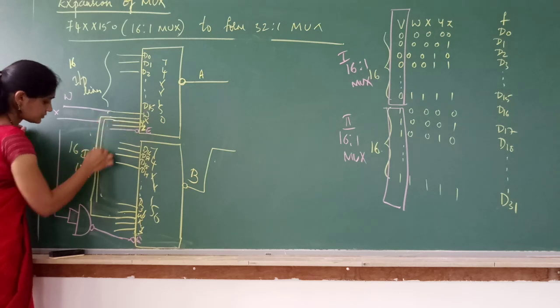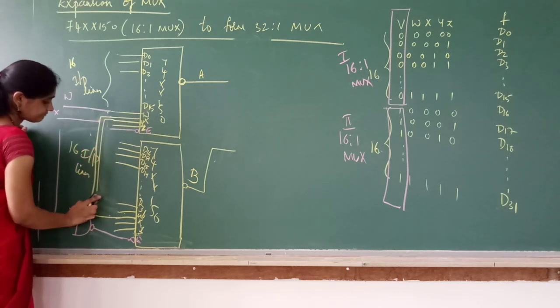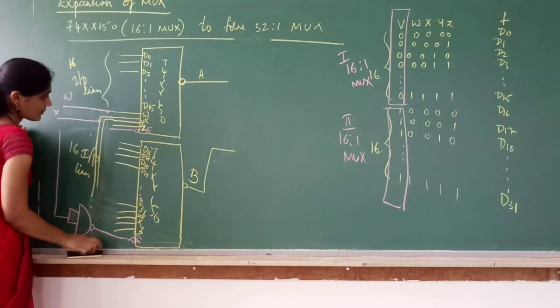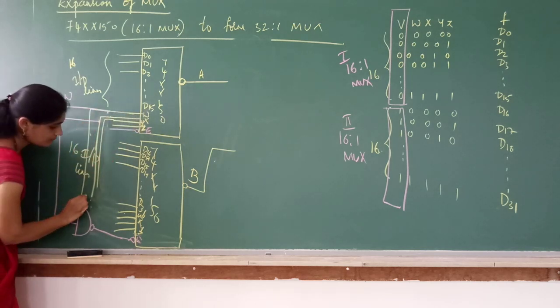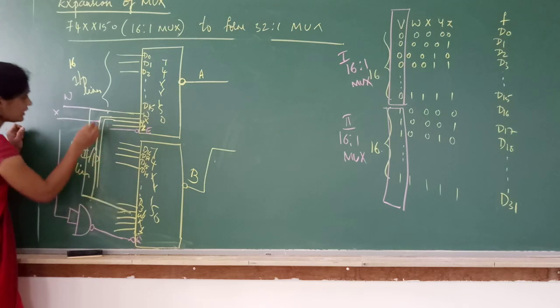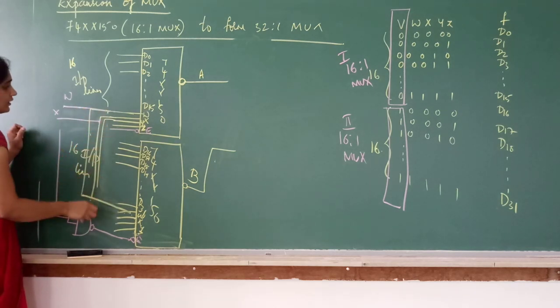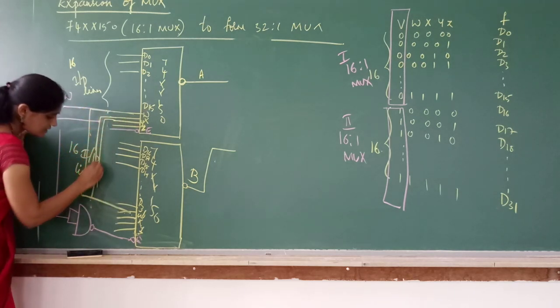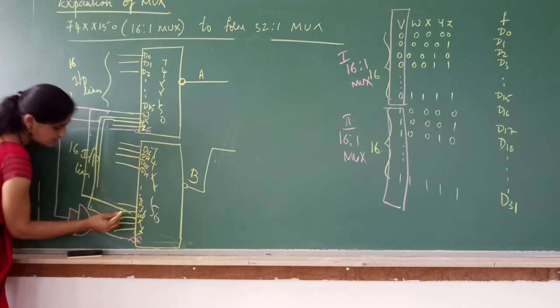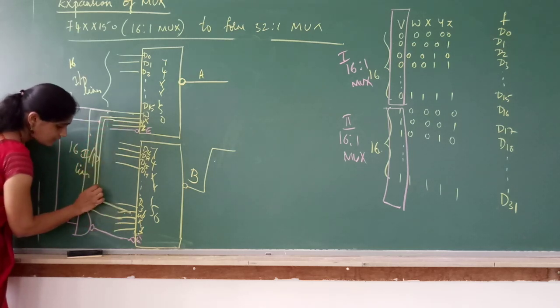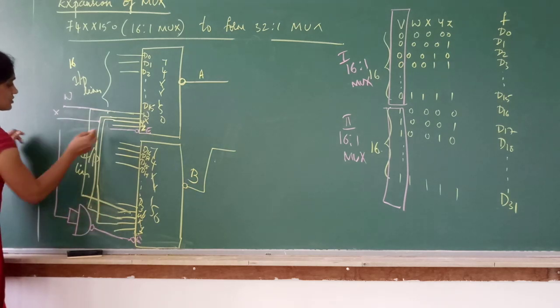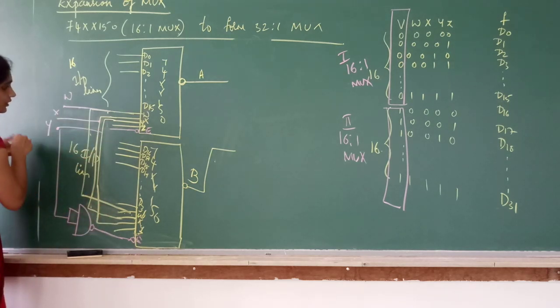So W and W we can connect and call this W, okay? And X and X are connected, this is X. Y and Y are connected, so this will be Y, okay?